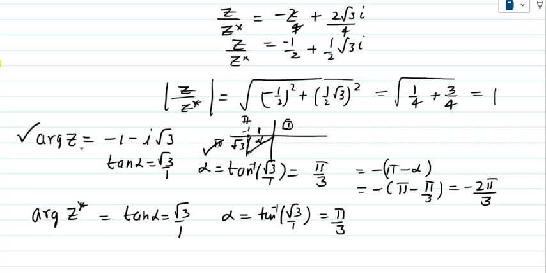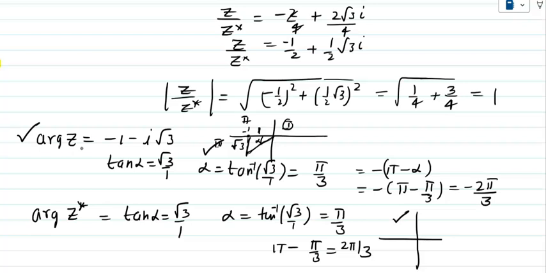But in which quadrant will it be? The argument of z conjugate is in the second quadrant, right? In the second quadrant, it should be pi minus alpha, that is pi minus pi by 3. So it should be 2 pi over 3.